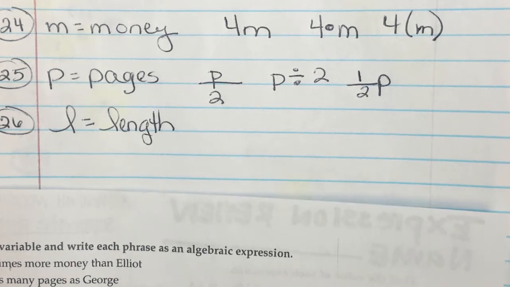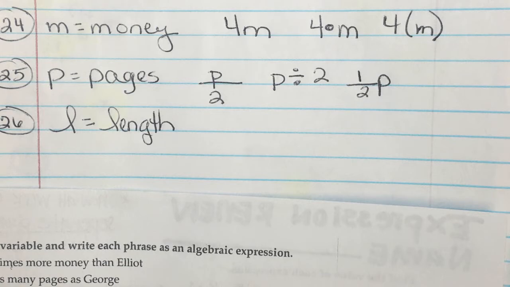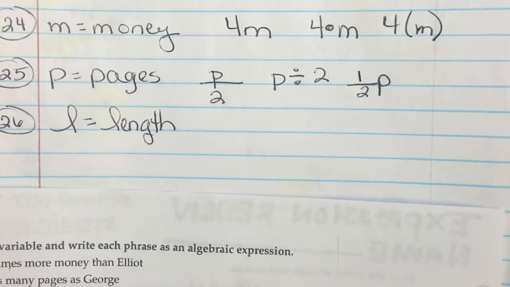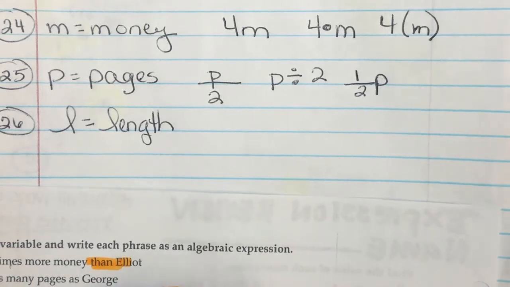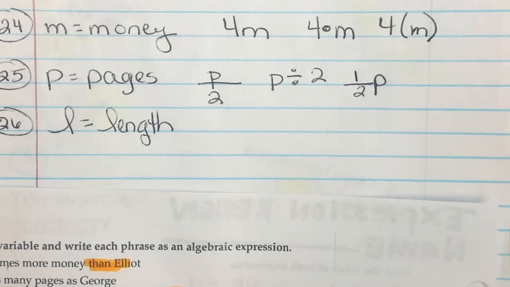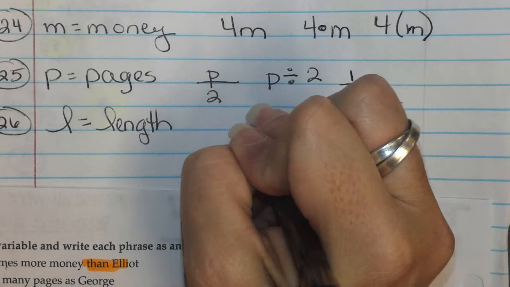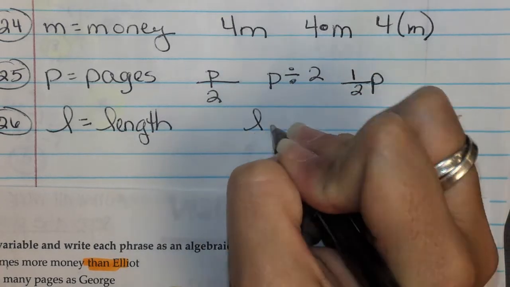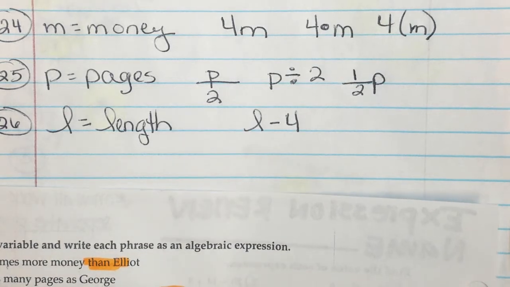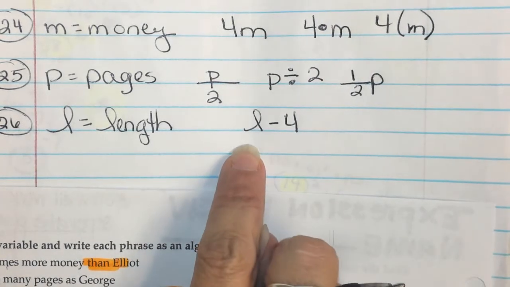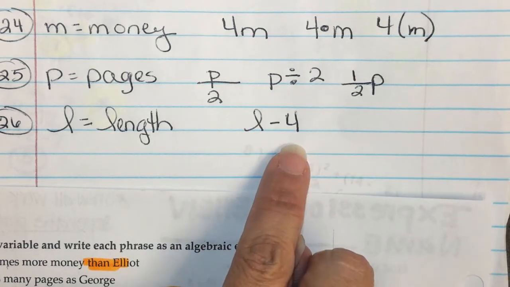If they want 4 inches less than it, notice the word than. That means we need to start with what's at the end, which is length. And 4 less than means minus 4, and kind of flip the information. If you think about it, you got to start with something before you can ever take away anything.